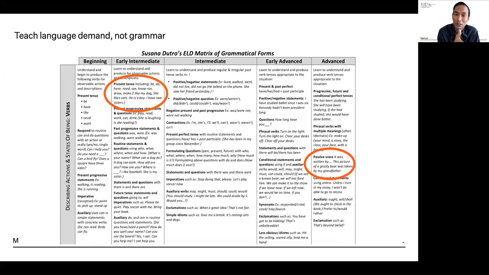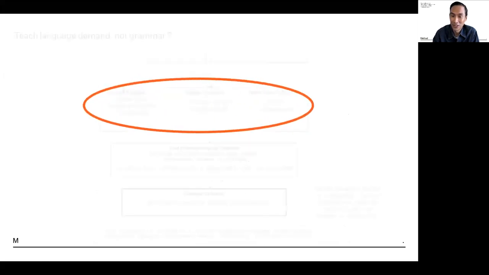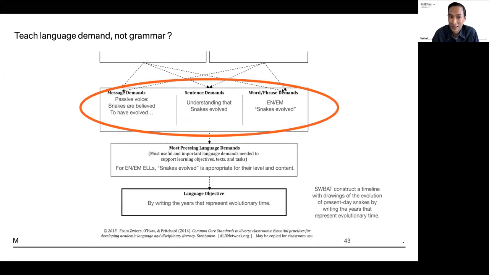If you have an early intermediate learner, the passive voice is going to be like, what's that, right? So you have to change this a little bit in order for them to get it. And let me show you how to do that. You look at the message demand, the passive voice, right? The sentence demand, they just have to understand that snakes evolve. So why not put it in terms that they can know as a beginner, snakes evolve.